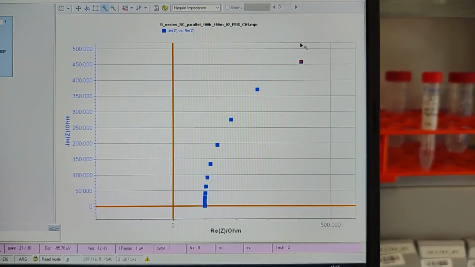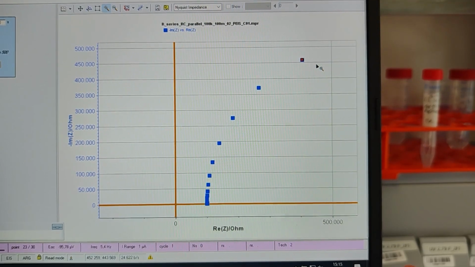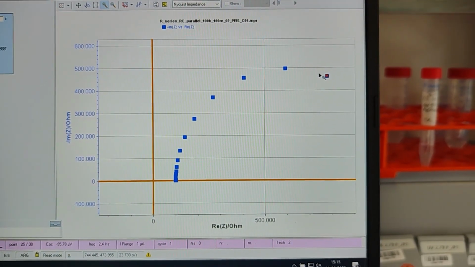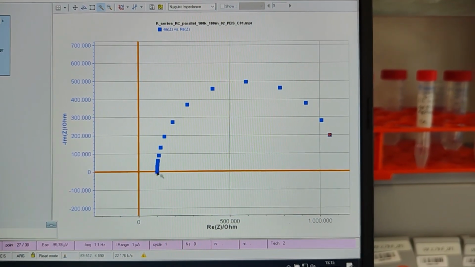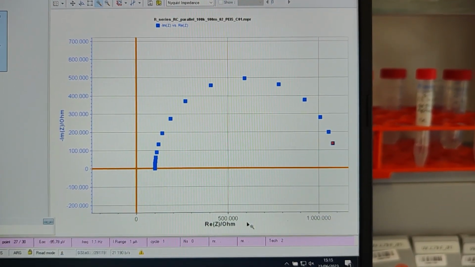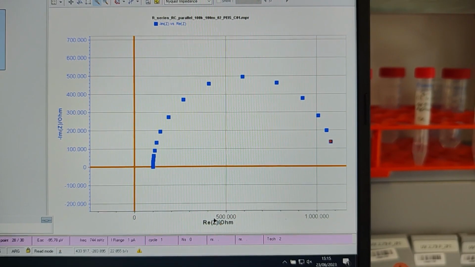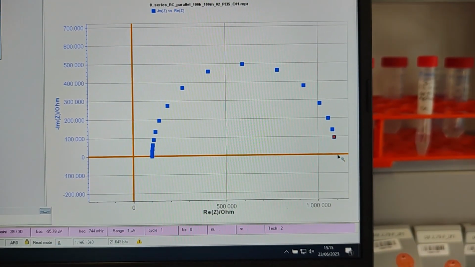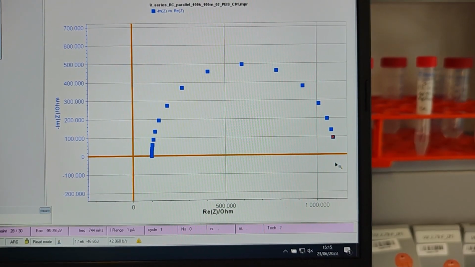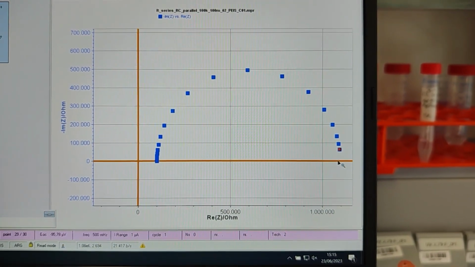However, the shape we see now should look very familiar because it's exactly that same semicircle we just measured, just that it's now offset 100 kilo ohms towards higher real part of the impedance. And once more, for very, very low frequencies, we finish down here at 1.1 mega ohms.